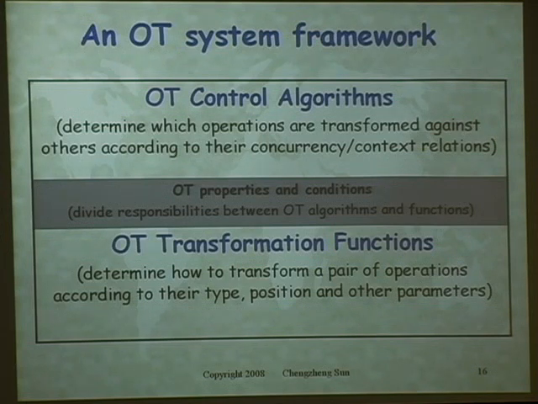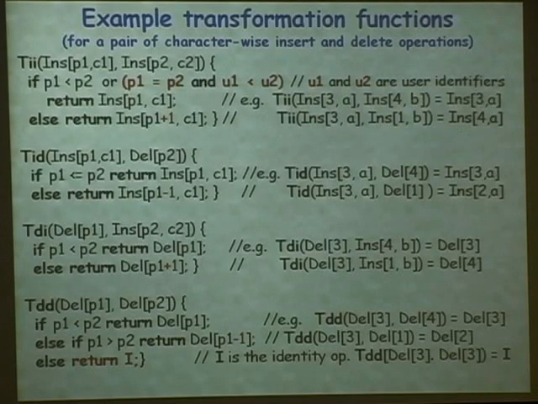Now, with this framework, I will give a very brief coverage, using examples to explain the transformation functions and then control algorithms. For functions, I give you just one slide to show a whole OT transformation function for two primitive operations, delete and insert, expressed in a single slide and in nearly formal specification.